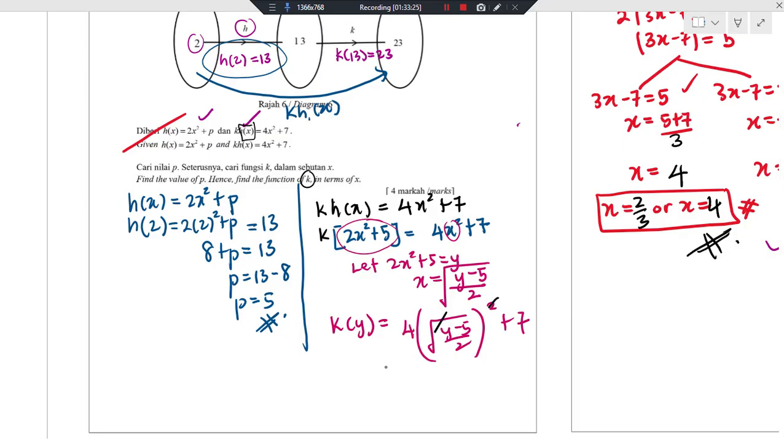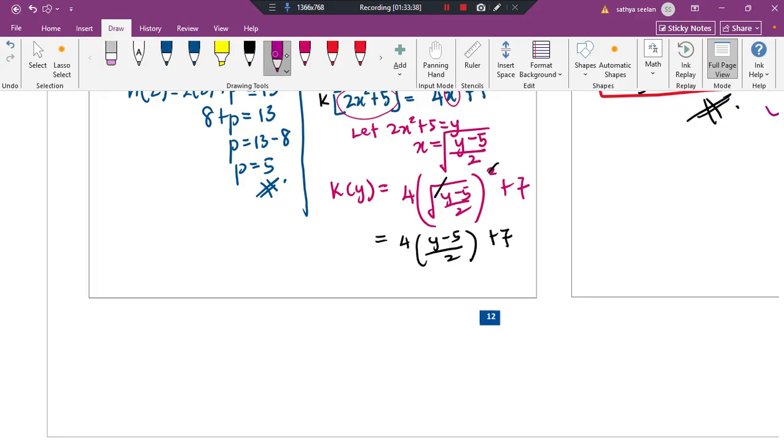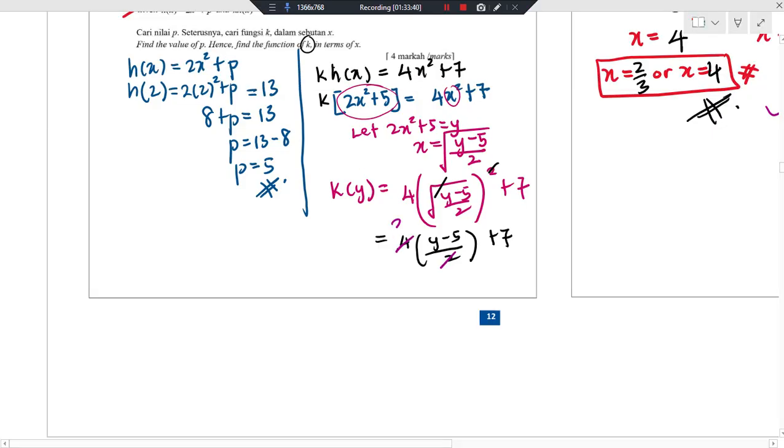So 2y minus 10 plus 7. 2y plus 7. That is your k(y). Jadi k(x) adalah 2x plus 7. I'm finding the outside function method. You nak buat inverse pun boleh juga, tak ada masalah. Any problem?